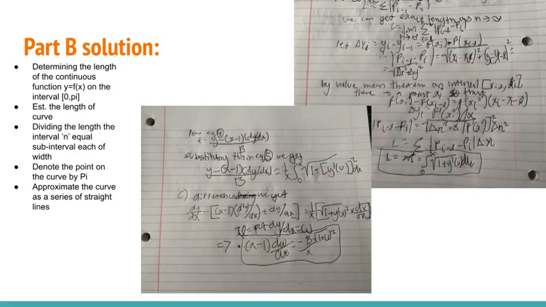By that, we have the length equals the sum of the distances between P_i minus 1 and P_i, and we can get the exact length by letting n go to infinity. Now, using that in our limit with n going to infinity, we can continue to evaluate the equation.